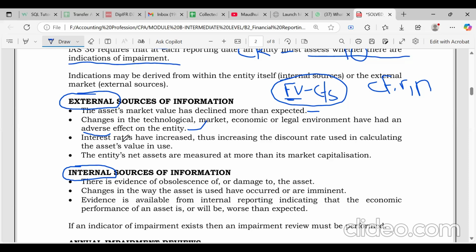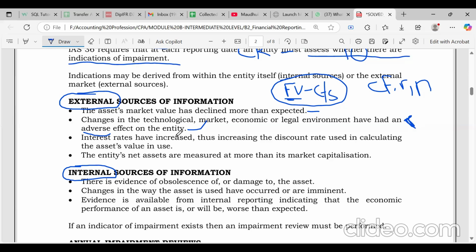The other point, interest rates have increased and thus increasing the discount rate. Of course, the discount rate is usually affected by the sources of finance. And we know the main long-term sources of finance are equity and debt, right? Debt produces interest while equity gives out dividend.